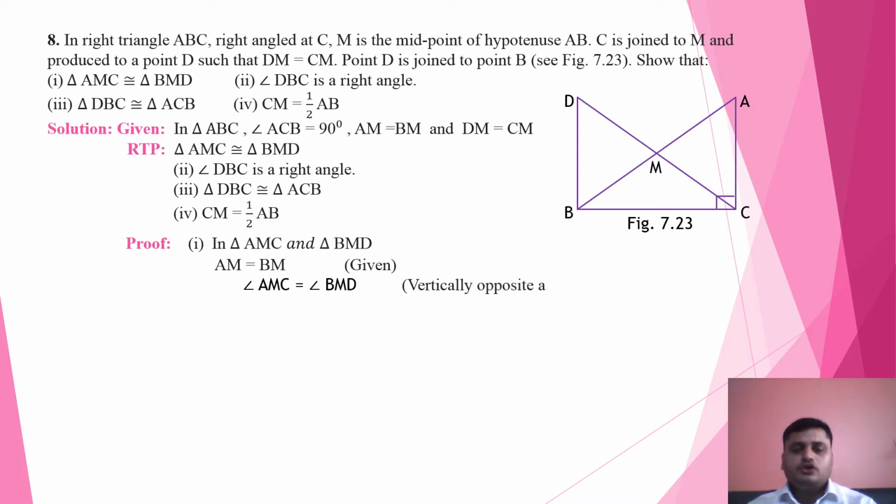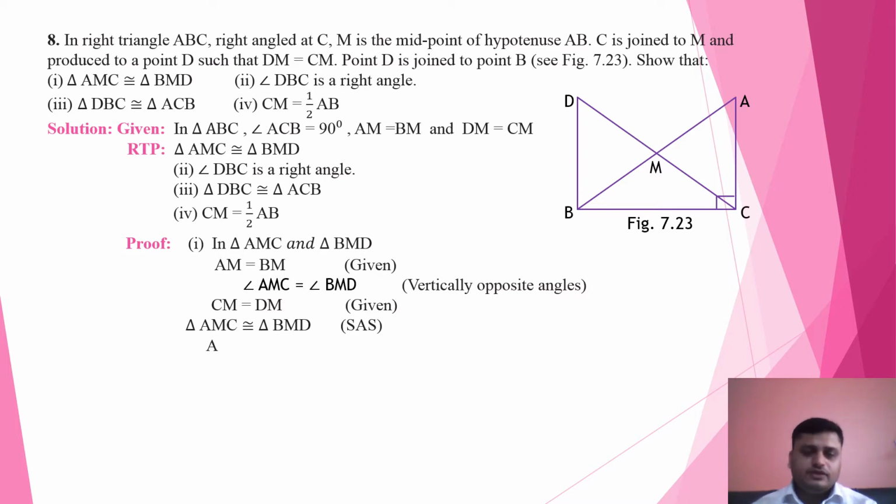So two things we got. Now we need one more thing. So we can say that CM is equal to DM. This is also given. So triangle AMC is congruent to triangle BMD by side angle side congruency.